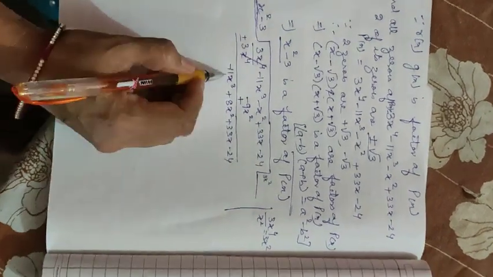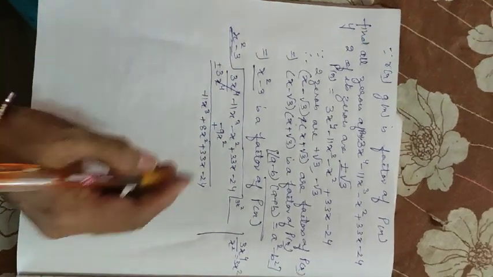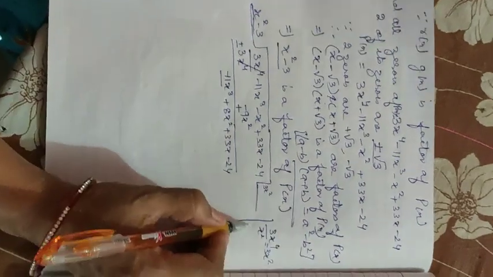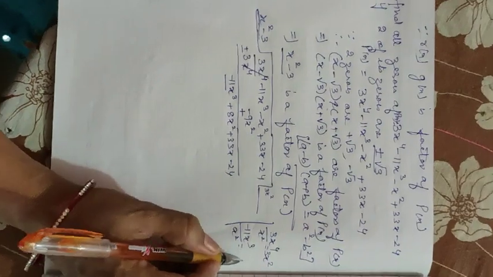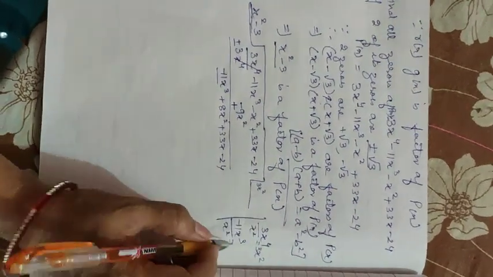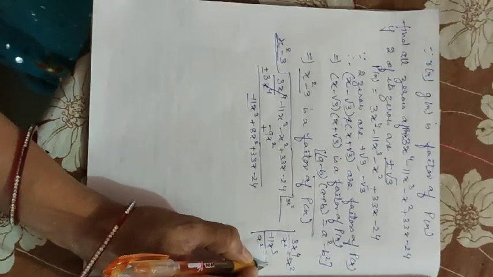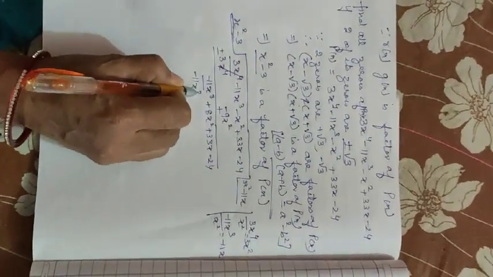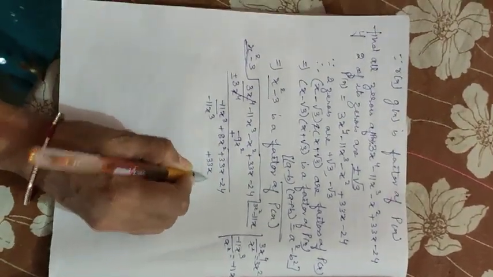I am reminding you children, always write the polynomial in the decreasing order of their degree. The terms must be written in the decreasing order of their degree. Now the first term is minus 11x cube. Let's divide by x square. So the next term that has to be used for multiplication is minus 11x. So when I multiply by minus 11, so it will give minus 11x cube, minus 11 times minus 3, it will give plus 33x.